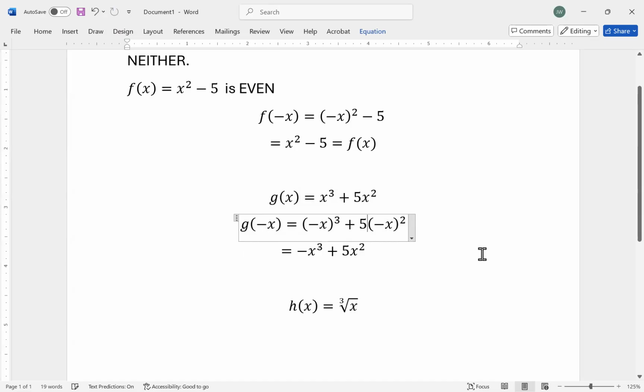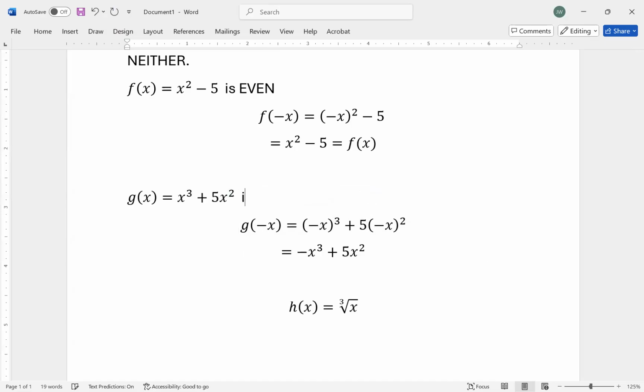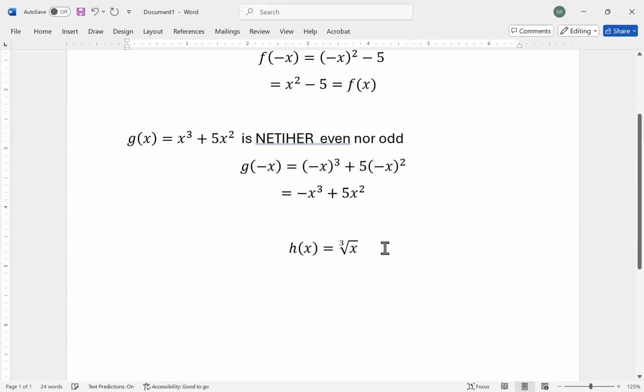I just state that it's clear that g of x is neither even nor odd. So when I plugged in negative x, I didn't get the negative of g, and I also didn't get g by itself. So g of x is neither even nor odd.